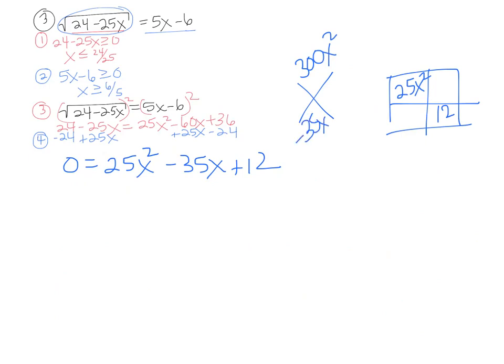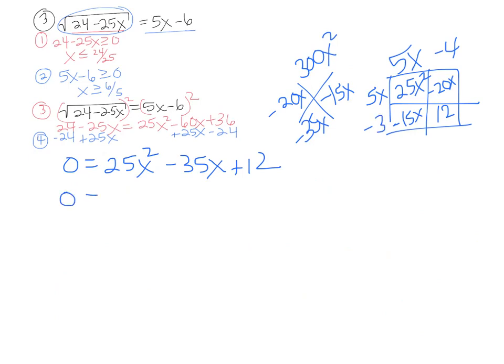You can pause this for a second as you try and find two factors. I'm going to use negative 15x and negative 20x. So when I plug those in, I can go ahead and factor. This is going to be 5x minus 4 and 5x minus 3.